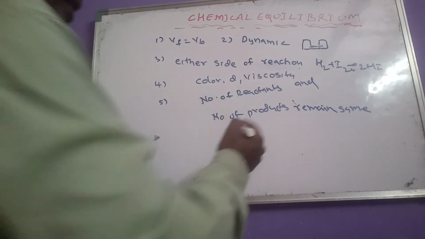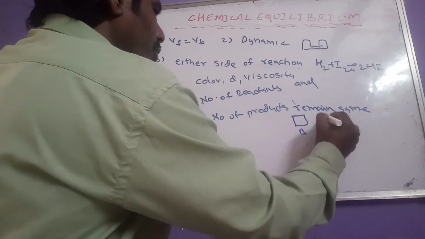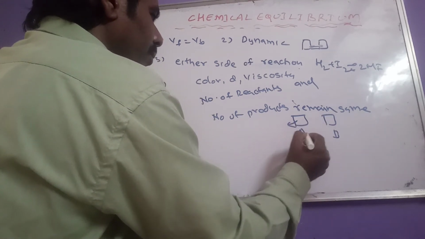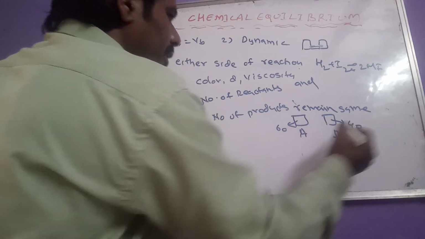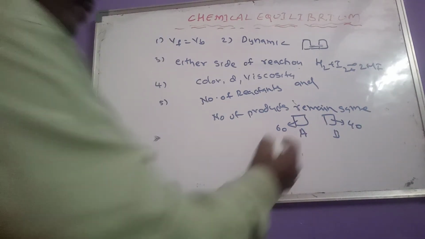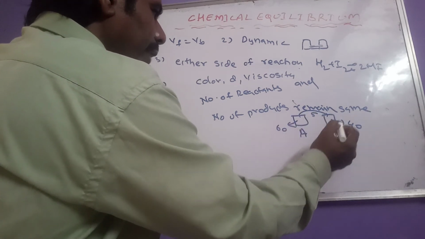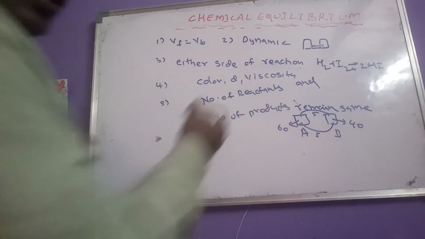So one example here: this is A classroom, this is B classroom. In A classroom 60 students are there, in B classroom 40 students are there. For example, if 5 students are moving from A to B, at the same time 5 students from B to A are coming.